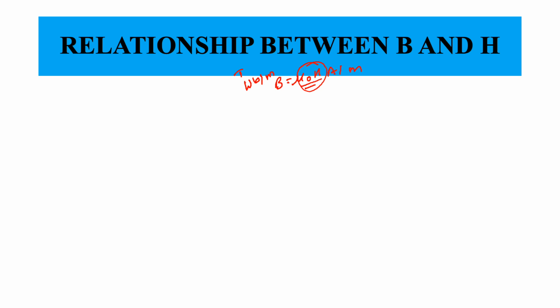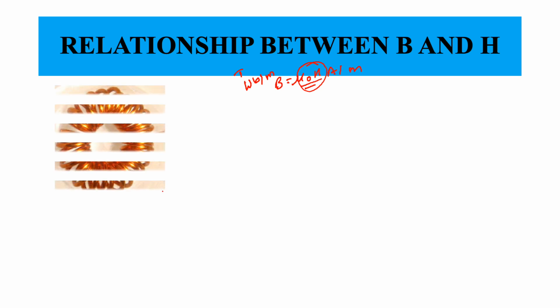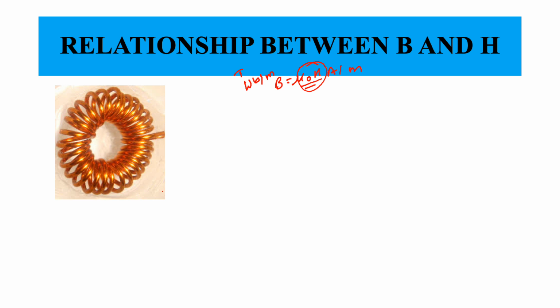So to do that, let us consider a solenoid, and then you wind the solenoid with a wire. Okay, and the material that the solenoid is made up of is air. So assume the material making up the toroid is actually air or free space.